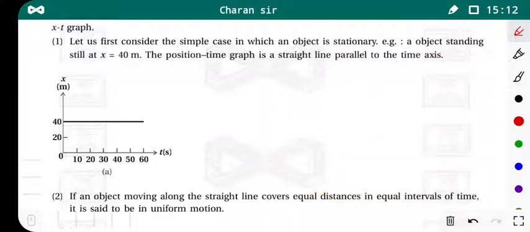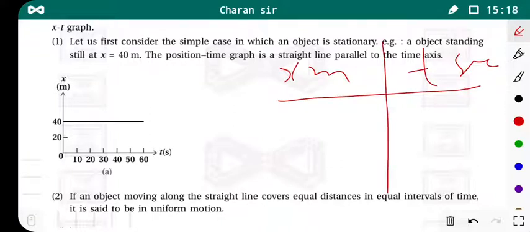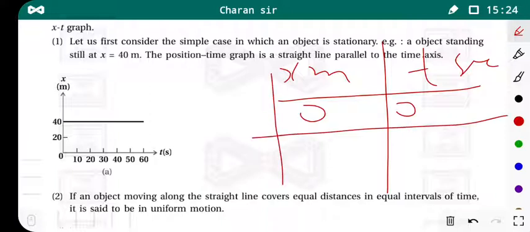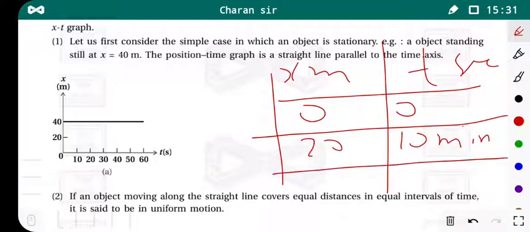We take one more example. This is the distance covered by the object, and the time taken by the object. Suppose at the initial time, 0 seconds, our object is at 0 meters. But after, suppose, 10 minutes, our object covers 20 meters distance. After 20 minutes, our object covers 40 meters distance.